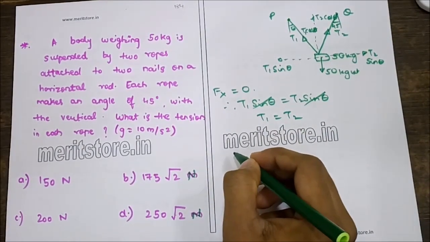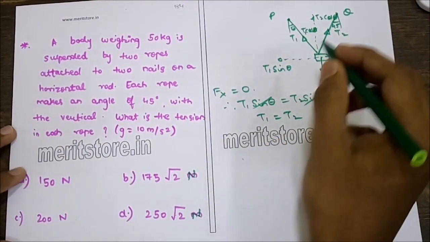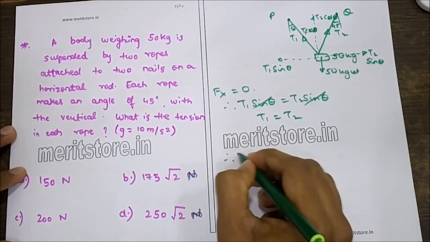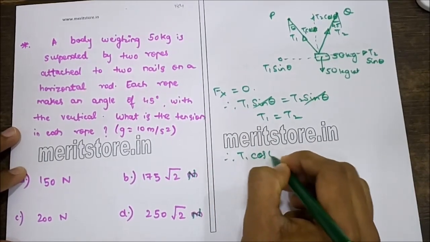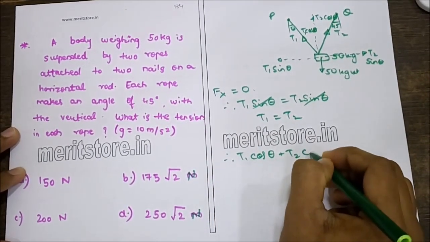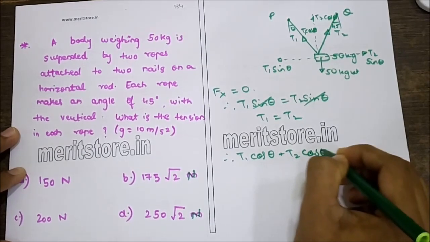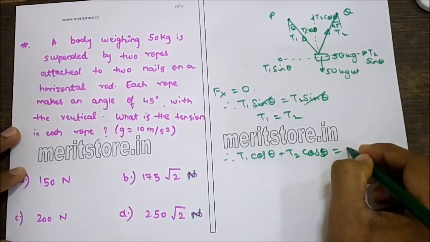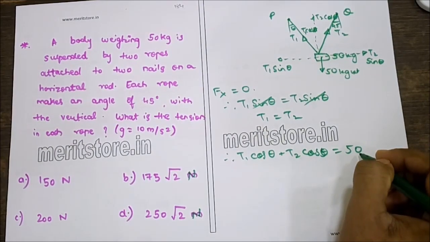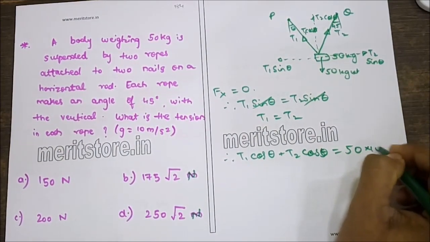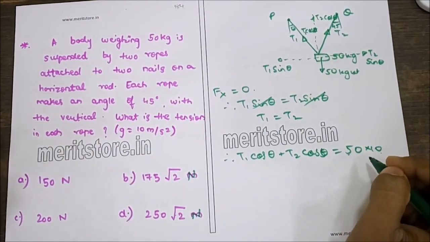Let us consider conditions of equilibrium in the vertical direction. Therefore, T1 cos theta plus T2 cos theta balances the weight of the object, that is 50 into 10, mass into acceleration.